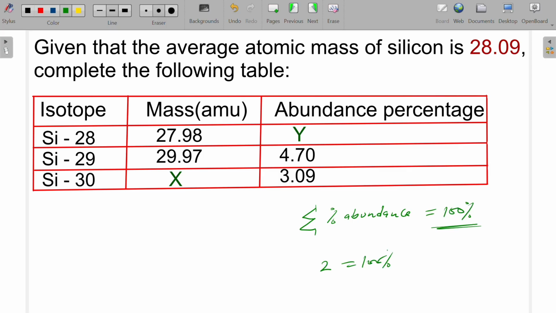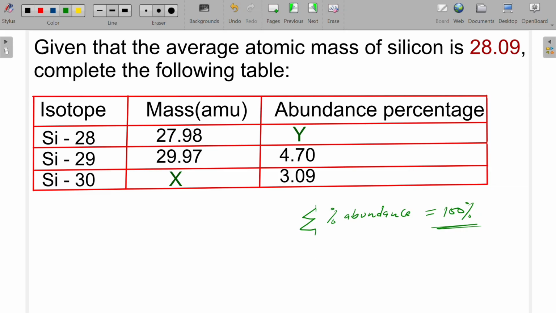No matter the number of isotopes you have for a certain element, when you add their percentage abundances, they should give you 100%. All right. So having that in mind, we can find the value of Y.